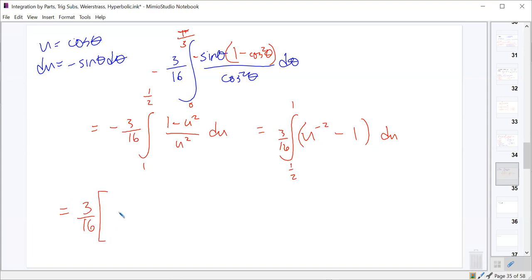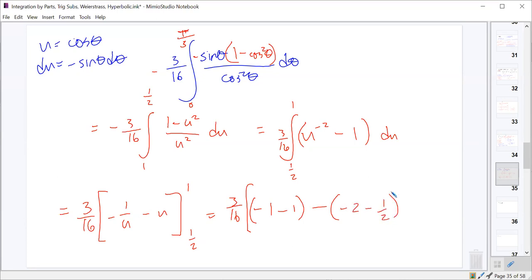which should give us 3/16. And the integral of u to the negative 2 is just negative 1 over u. And then the integral of 1 du is just u. And we're going to evaluate that from 1/2 to 1, which shouldn't be too bad. 3/16 times negative 1 minus 1 minus, and then negative 1 over 1/2 is negative 2 minus 1/2. And that should all simplify down.